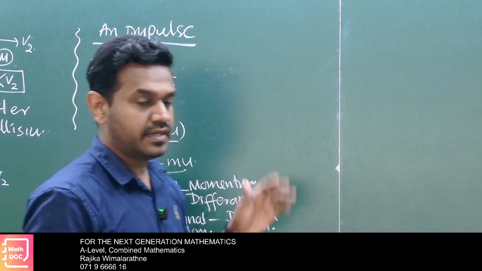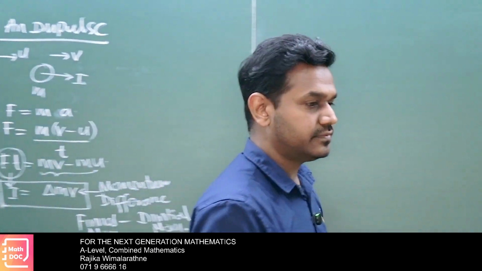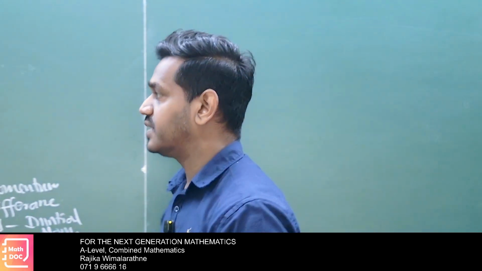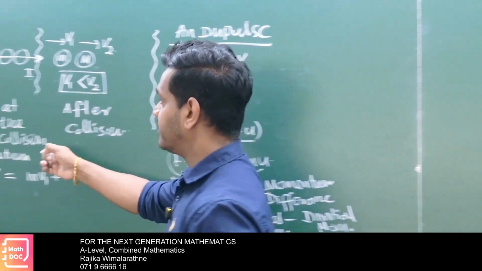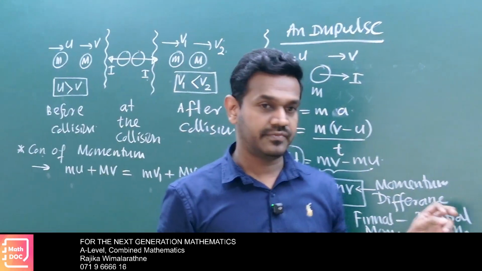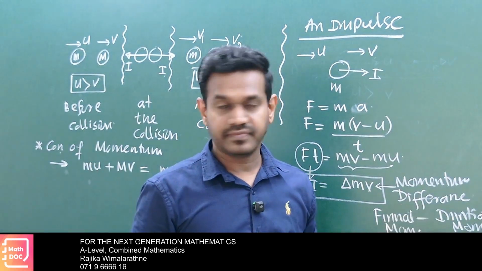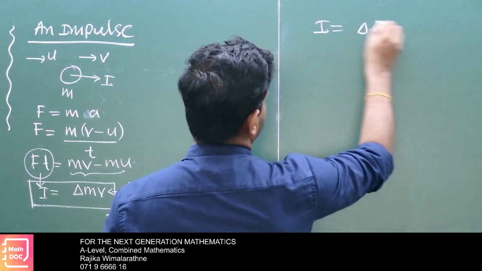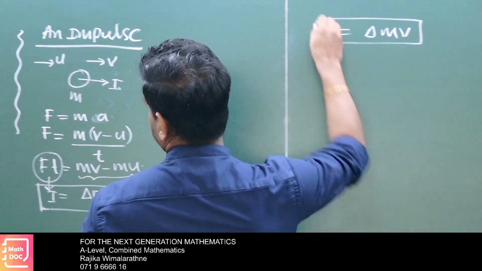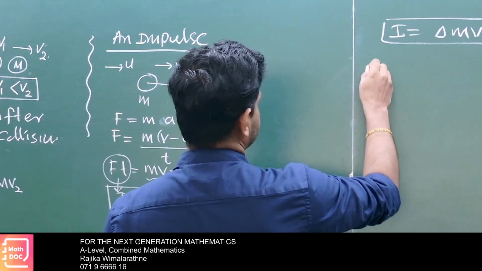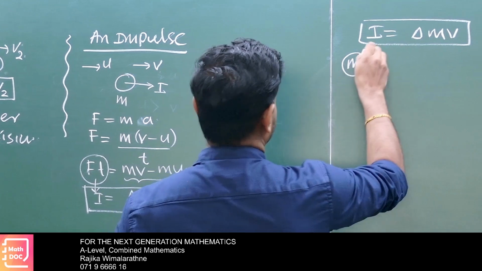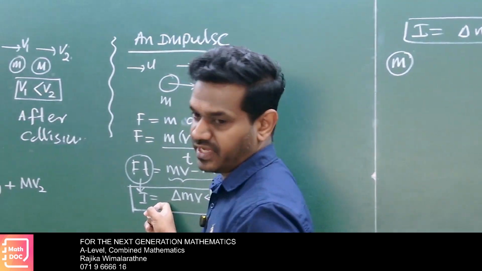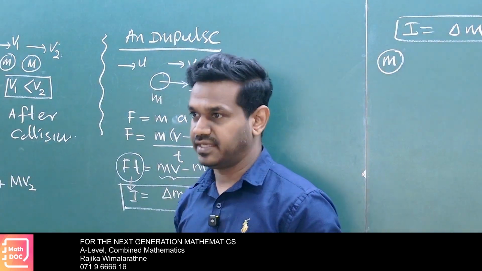Okay. Now you see this one. Here this conservation of momentum we can obtain by I equals delta mv as well. Take small m first. When you take I equals delta mv, we have to get direction like F equals ma.